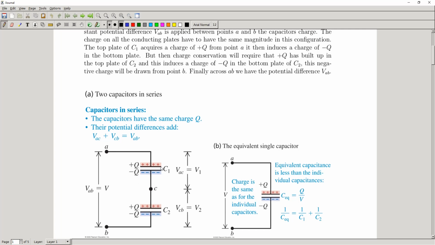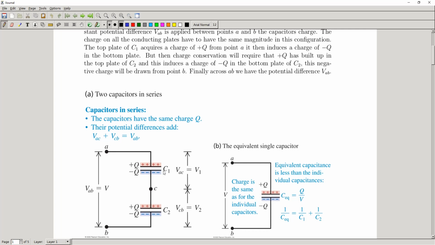We can see that right away, because the top plate of capacitor 1 picks up a positive charge from presumably the positive terminal of our battery. It depends how we set up the battery, but in the end we can just say this positive charge is coming from the battery, and now we have an induced negative charge in our bottom plate.